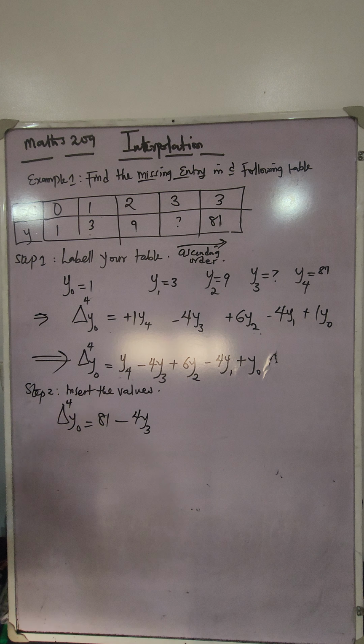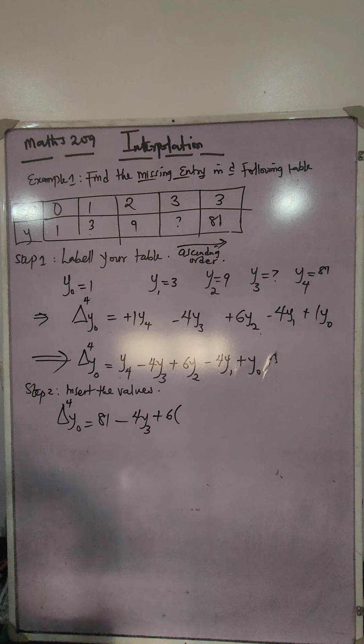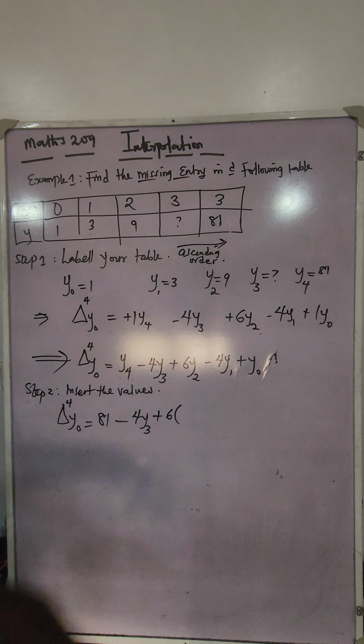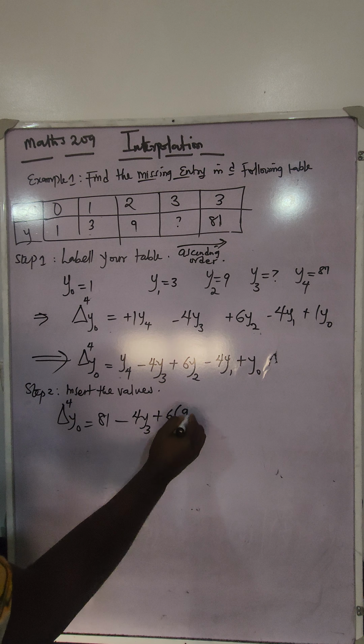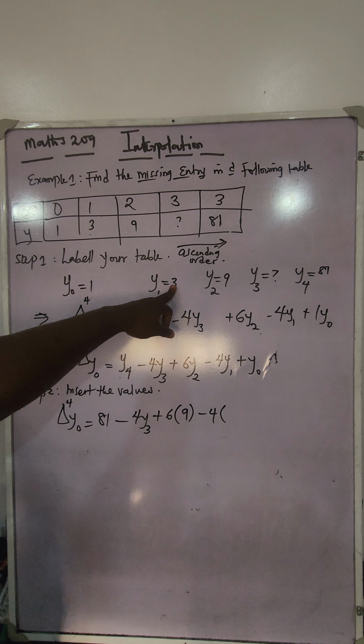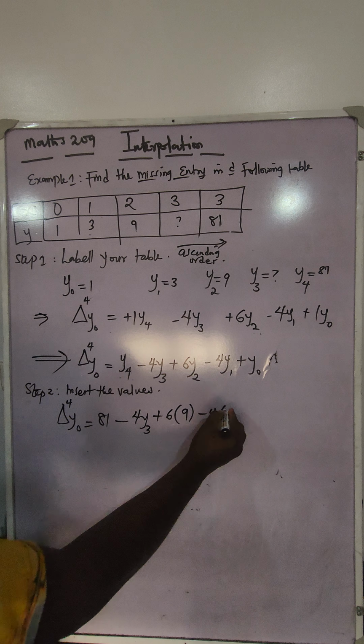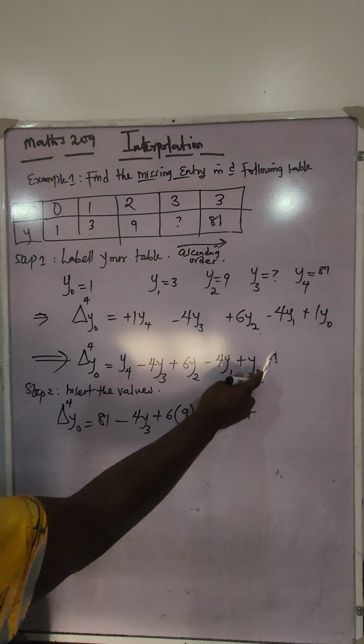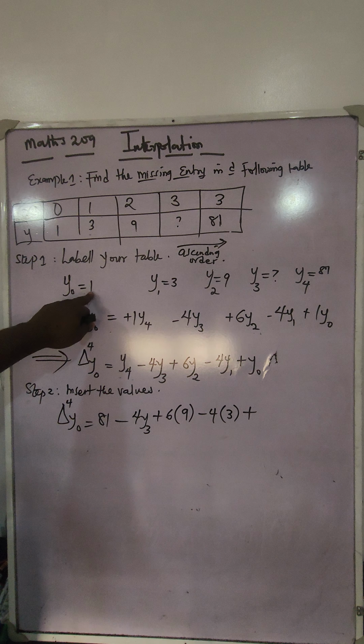And so we said 81 minus 4y3 plus 6 into bracket. What is y2? y2 is 9. Minus 4 into bracket, what is y1? y1 is 3, plus what is y0? y0 is just 1.